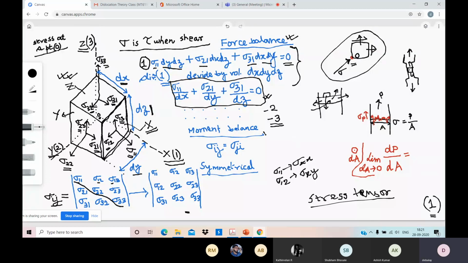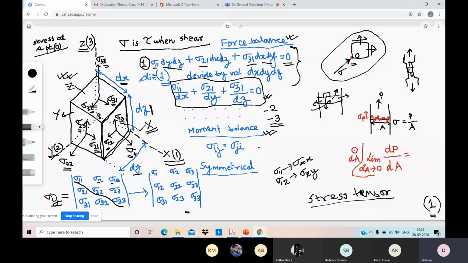What is the second criterion? The second criterion is the moment balance. If you do a moment balance with respect to any major axis, axis 1, axis 2, axis 3, then the net moment with respect to any major axis will be 0. Moment will be balanced.